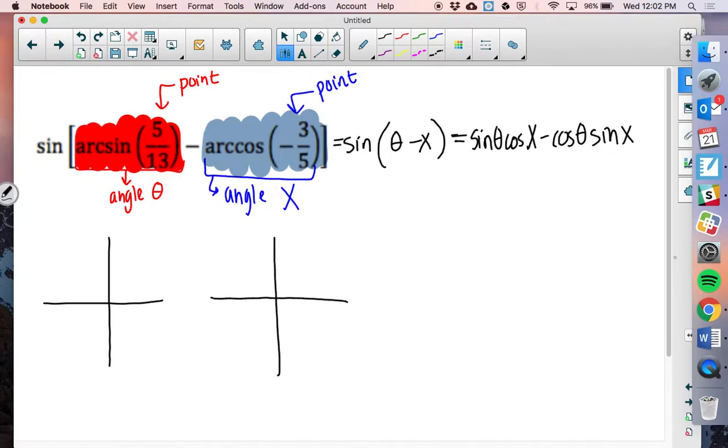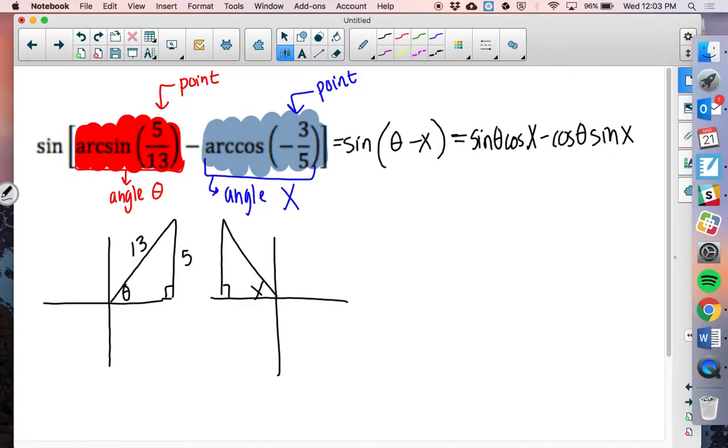So this first one here, our theta, that comes from arcsine, and it's positive, so that ends up being in the first quadrant. Arccosine is negative, so that ends up being in the second quadrant. So here's our theta, and here's our x. Sine is opposite over hypotenuse, and if you do the Pythagorean theorem, you get your third side.